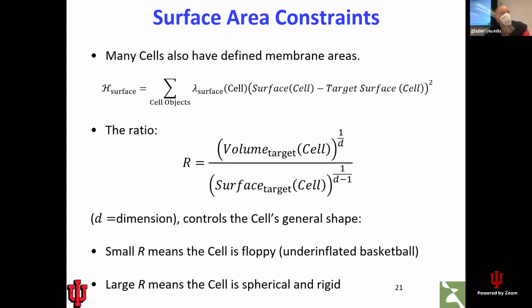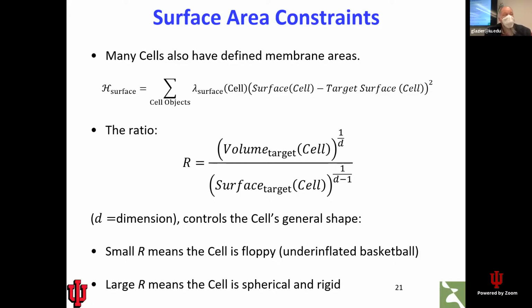Surface area, if we constrain it, has the same form, lambda surface times the actual surface minus the target surface quantity squared. Surface to volume is a little problematic. If I have a geometric shape not on a lattice, and this is a homework problem, and I take the ratio of volume to the 1 over the dimension of the system, that would be 1 over 2 or 1 over 3, divided by surface to the 1 over d minus 1.